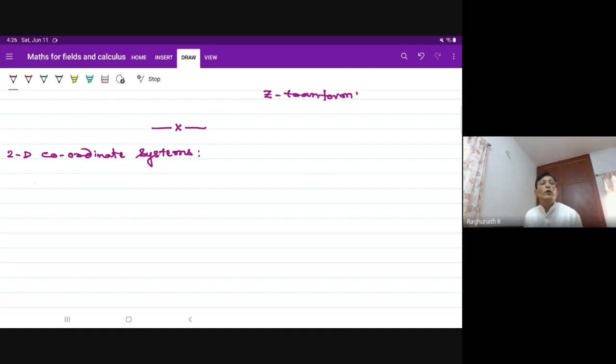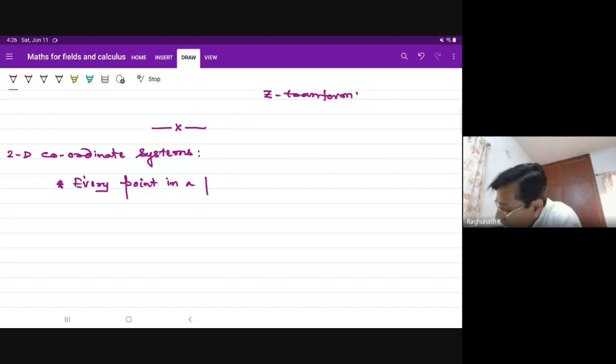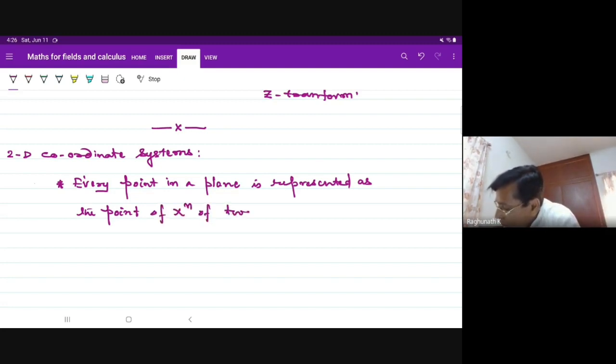In two-dimensional coordinate system, every point in a plane is represented as the point of intersection of two lines.